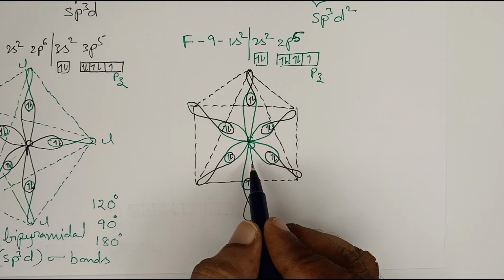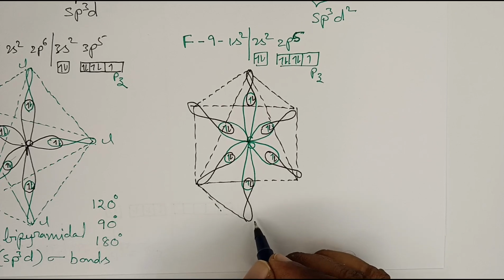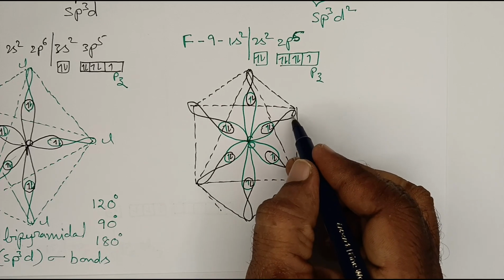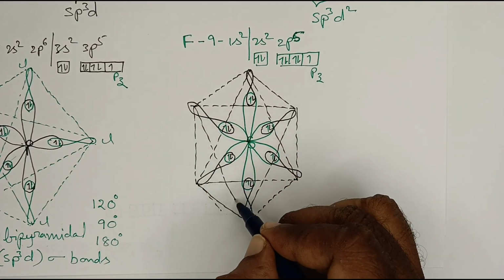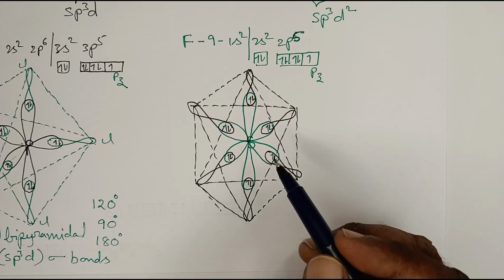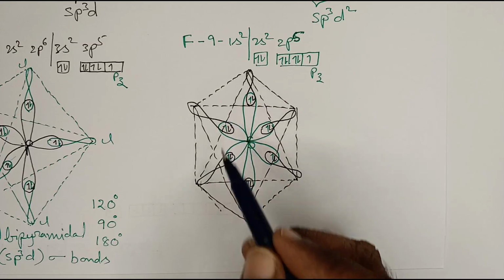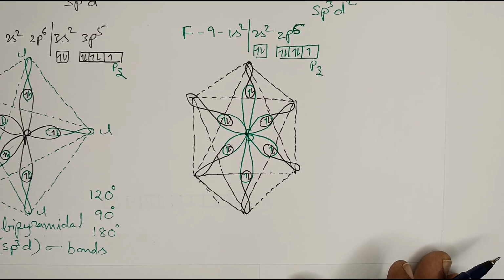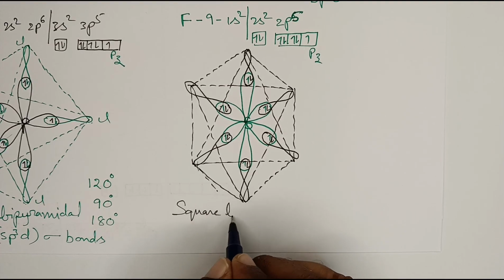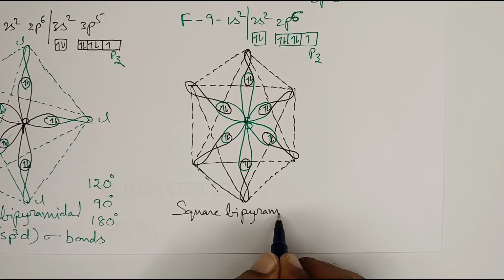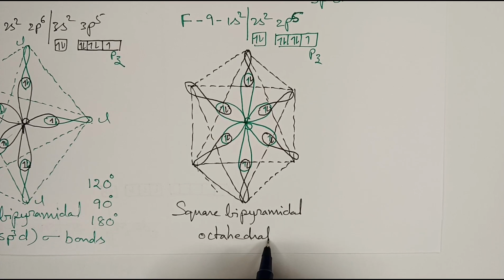Square, one pyramid above the plane and a second pyramid below the plane. So it is square bipyramidal, or we can call it octahedral.